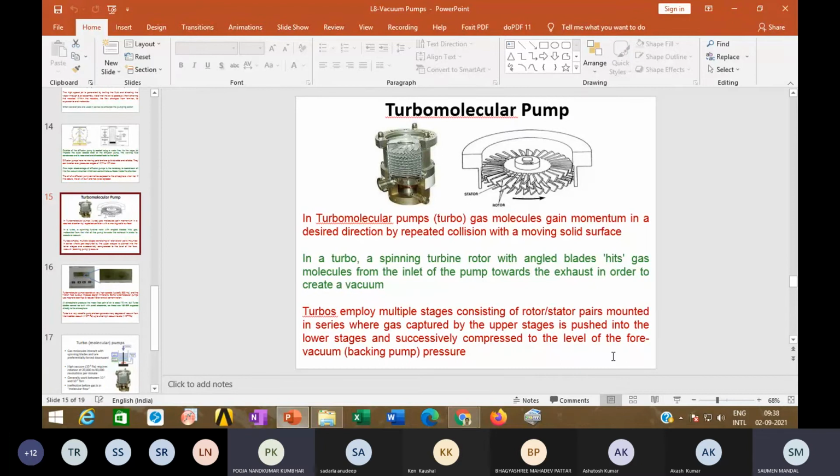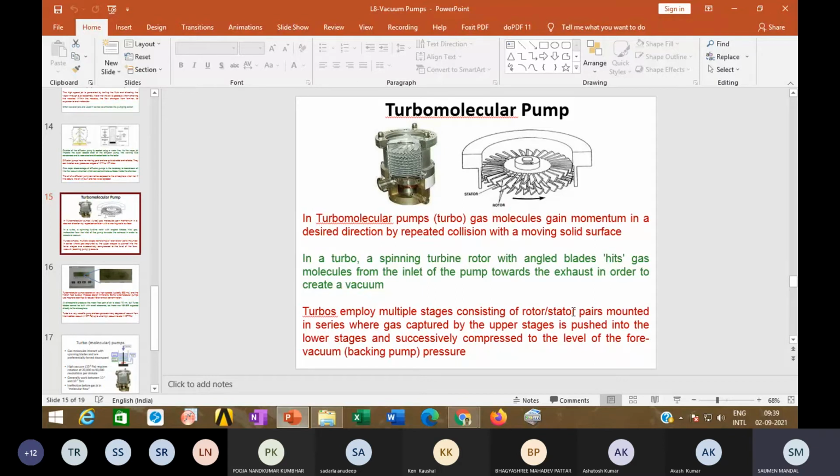Yes, actually this turbo employs multiple stages consisting of rotor and stator pairs mounted in a series. One layer we call the rotor, and another arrangement we call the stator.